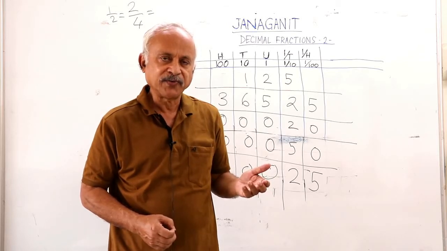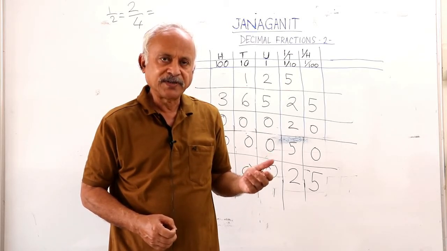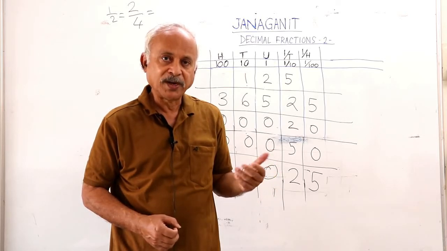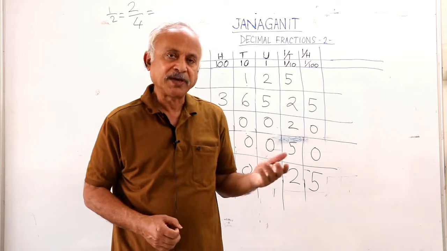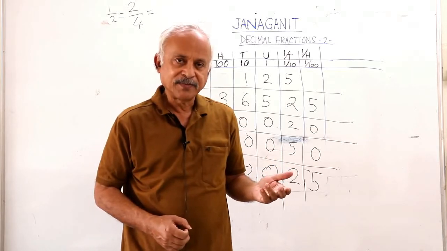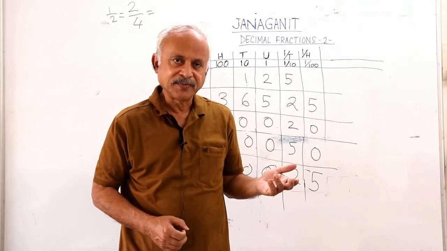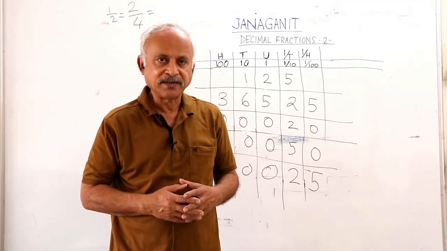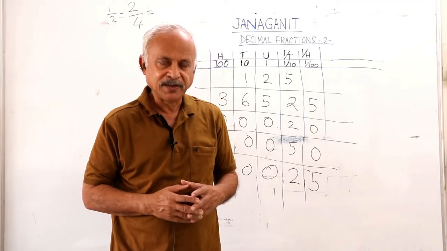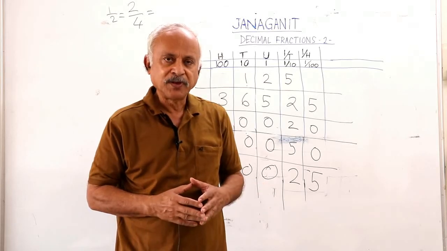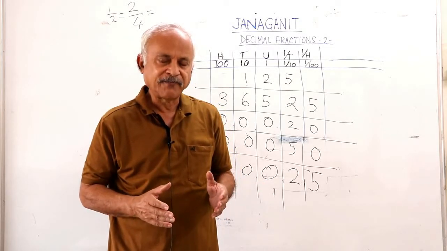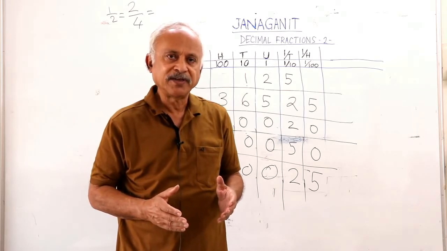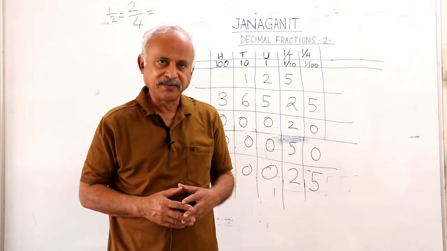So we had a house of hundreds, tens, ones, 1 by tens, 1 by hundreds, 1 by thousands, 1 by 10,000s, and we saw that we could write fractions now in place value. We wrote the fraction half in place value as 5 into 1 by 10.